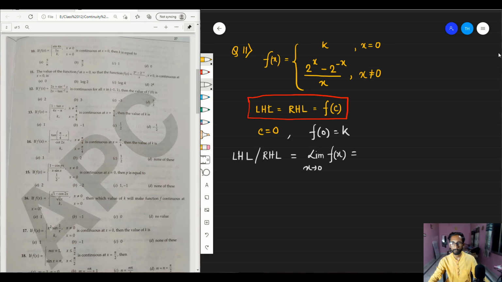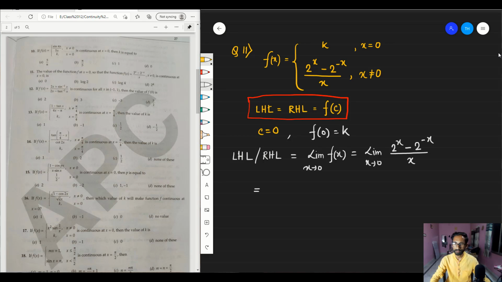f(x). Now, if x is tending to 0, then x is not equal to 0. So we will use the second definition of the function, that is (2 to the power x minus 2 to the power minus x) whole divided by x.